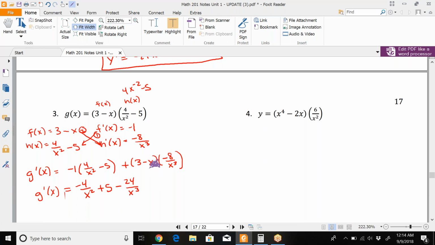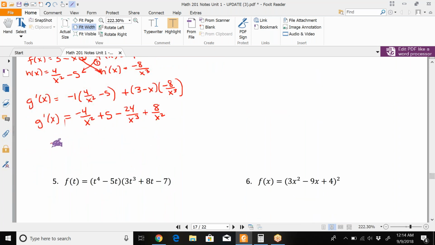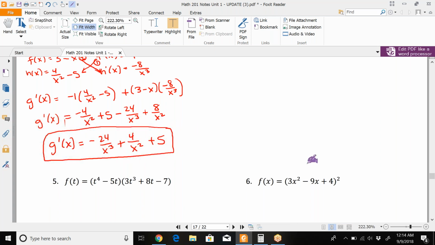And then this is going to be, one of those x's will cancel, so that's going to be +8 over x squared for that last term. And then when we combine our like terms, it doesn't really matter which order, I'm going to put -27 over x to the third. I can combine the two that have the same denominator, that's 4 over x squared, and then plus 5. So again, this is using the product rule.